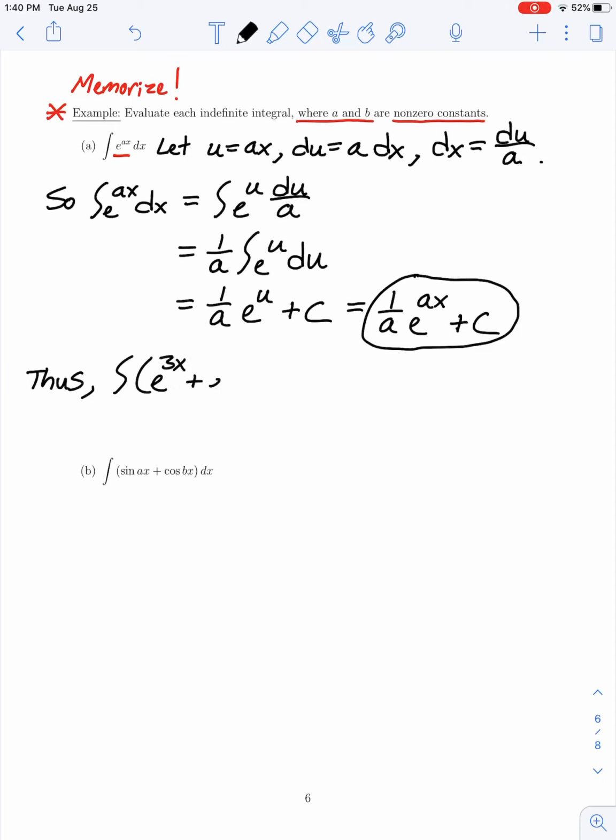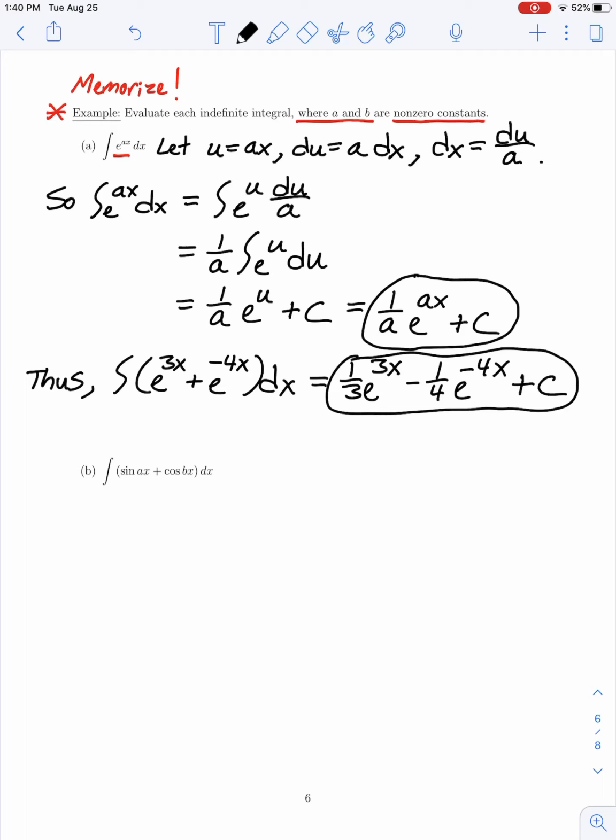So rather than doing a substitution for each of these terms, if we make use of this formula that we just derived, we know that the antiderivative of e to the 3x would be 1/3 e to the 3x, and the antiderivative of e to the negative 4x would be negative 1/4 e to the negative 4x, and then we can add an arbitrary constant on the end.